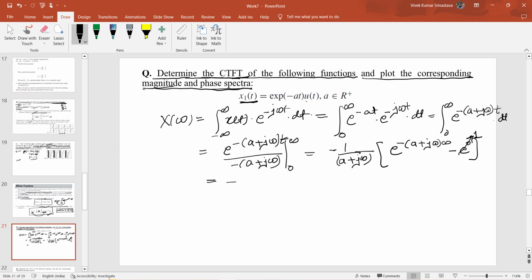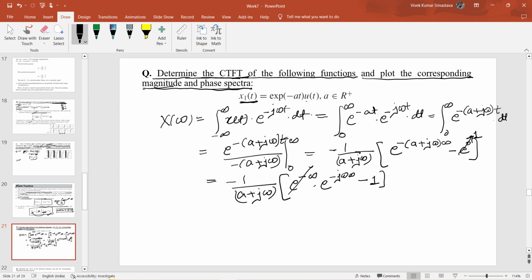So we can also write this as 1 over a plus j omega into e raised to the power minus a into infinity, which is e raised to the power minus infinity, into e raised to the power minus j omega into infinity, minus 1.